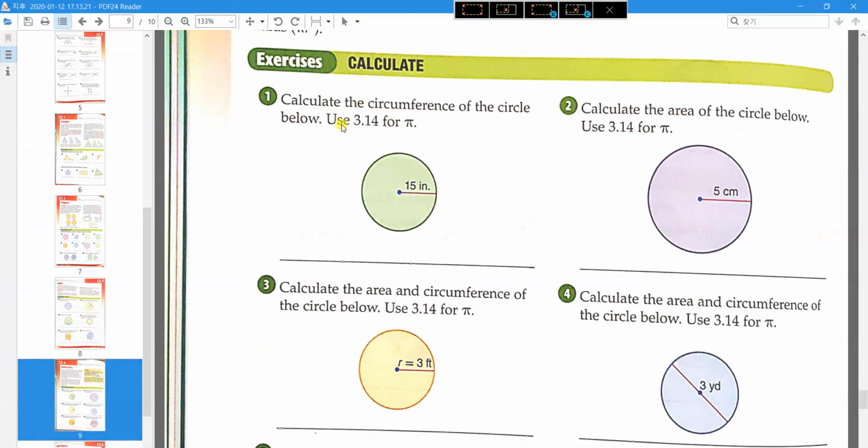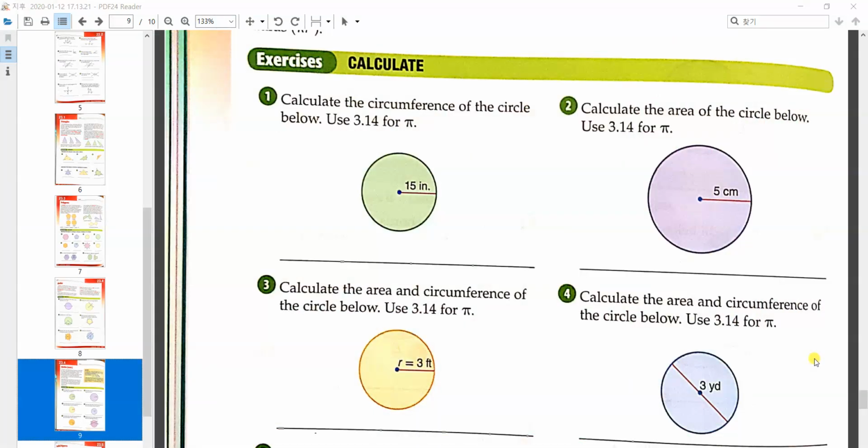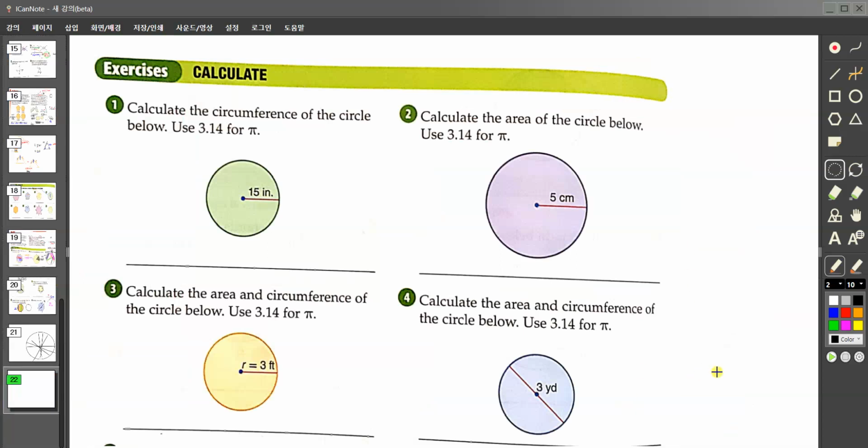To calculate the circumference of the circle below, use pi or 3.14. Using 3.14 is a headache when calculating, so it's best to just use pi.